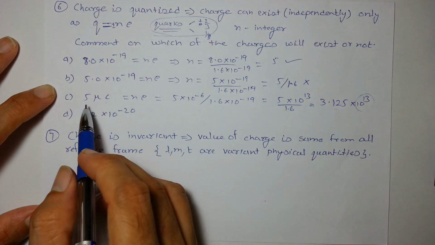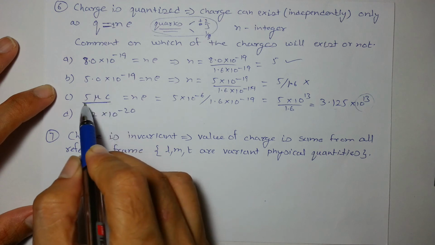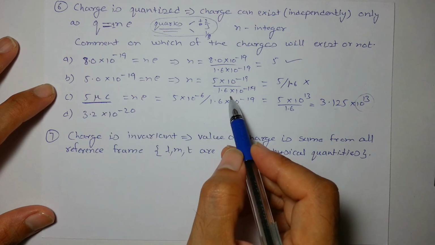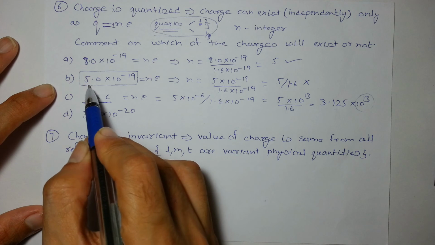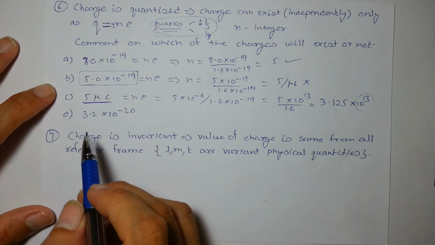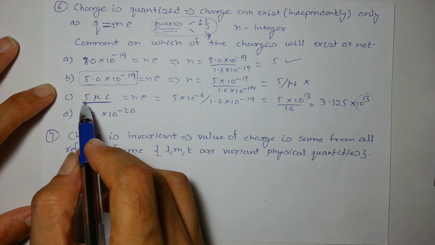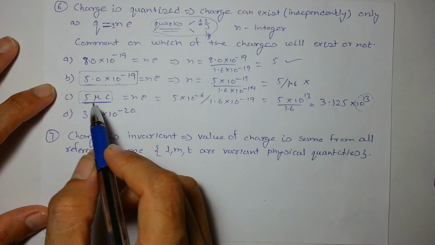So we need not check quantization in larger charges. Microcoulomb, even nanocoulomb are larger charges as compared to e. But in very small charges like 10 to the power minus 19, we should verify the quantization. So no need to verify quantization in larger charges.